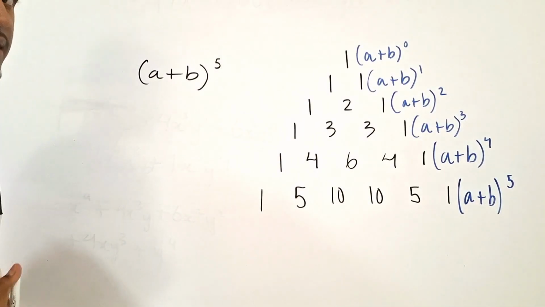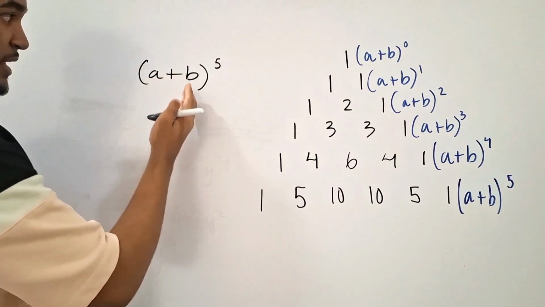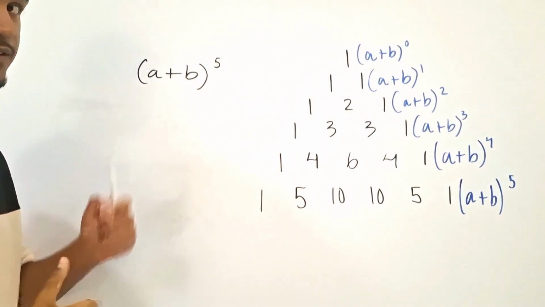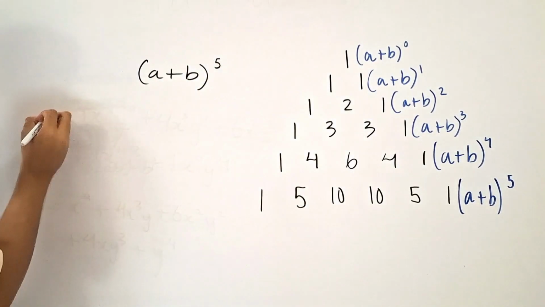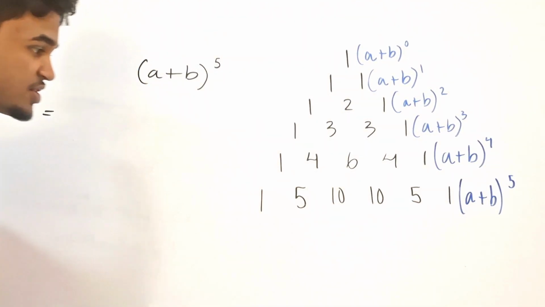Okay, let's do one final example to really set the record straight. Let's do (a + b) to the power of 5. Now how do we expand this? We're going to use Pascal's triangle and look at the coefficients.